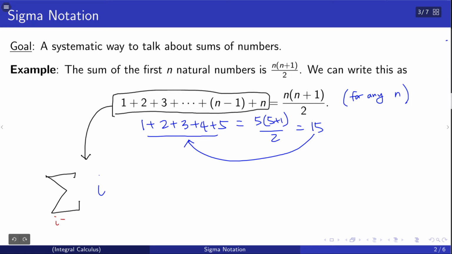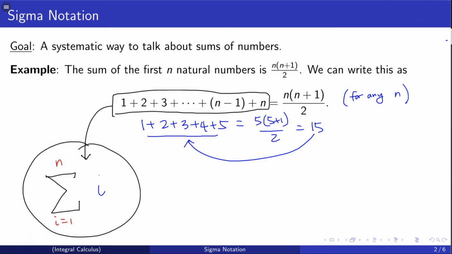Okay, so this is the Greek letter sigma, which stands for sum in this case. And what this notation here is telling us is, take all integers from I equals 1 to n, one by one, plug them into this term you see on the right, which is just I, and add them all up.